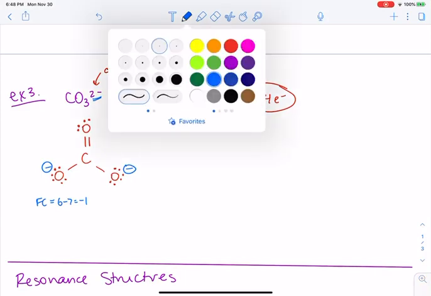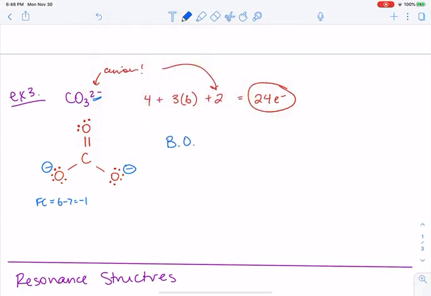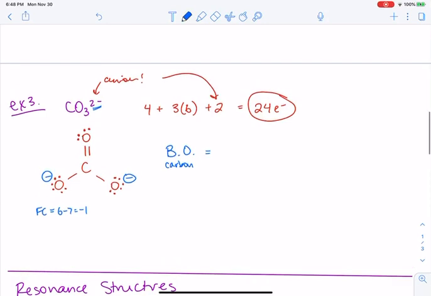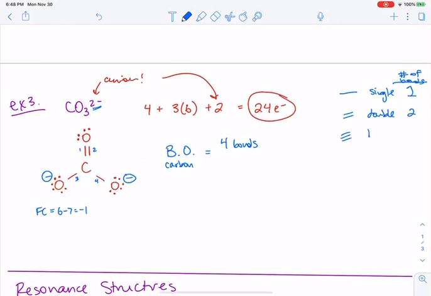Now, let us calculate the bond order of the carbon. So the total number of bonds here is 1, 2, 3, 4. 4 bonds, right? This is a single bond. It counts as 1 bond. This is a double bond. It counts as 2 bonds. This is a triple bond. It counts as 3 bonds.